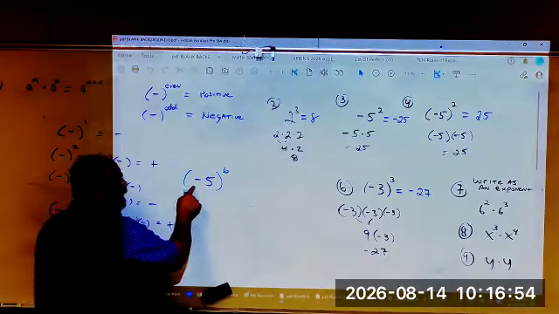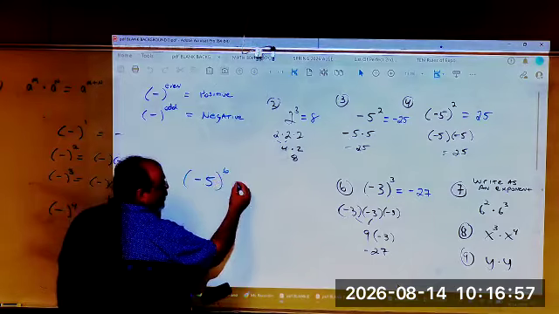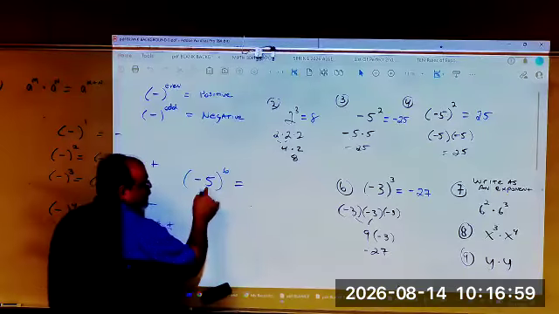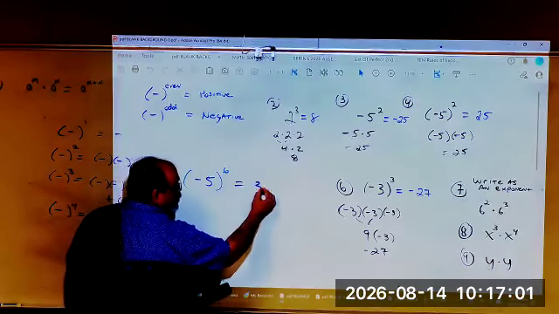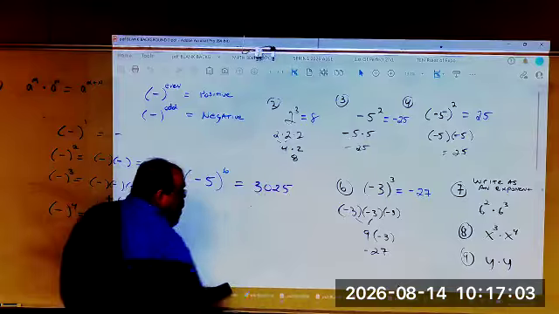So because it's a negative to an even, the answer is going to be positive. And then 5 to the 6th power is 3,025.